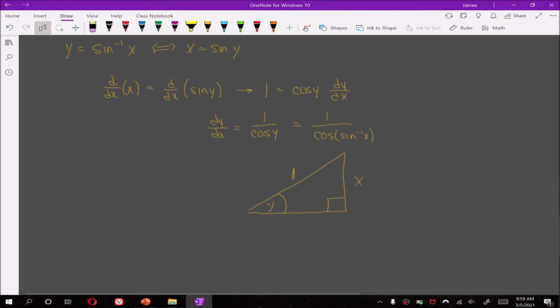That is from right up here, x equals sine of y. Then what is this missing length? Well, we use the Pythagorean theorem. A squared plus b squared is equal to c squared. So this would have to be the square root of the hypotenuse squared minus opposite squared. That is, this is the square root of 1 minus x squared.